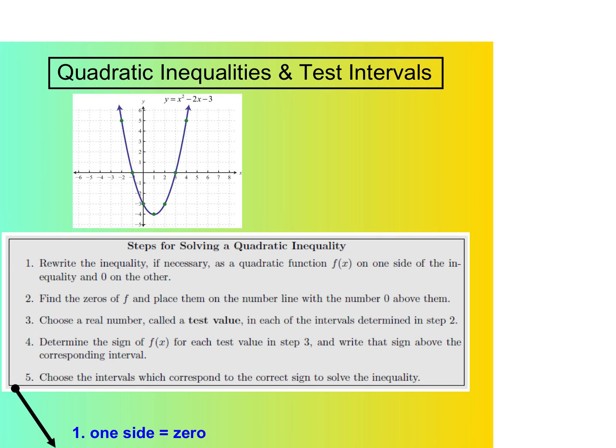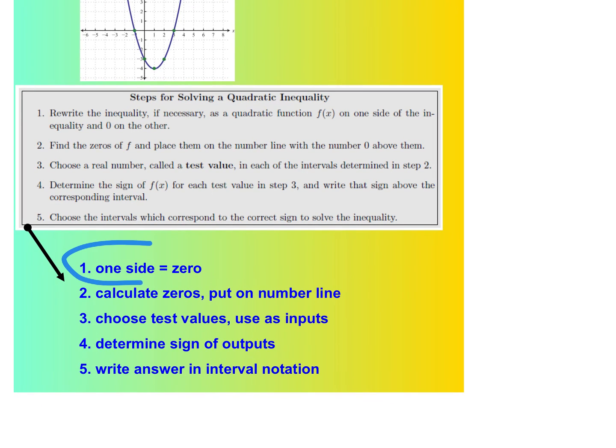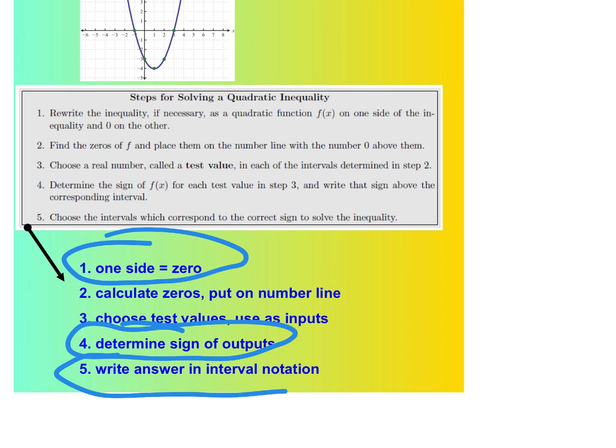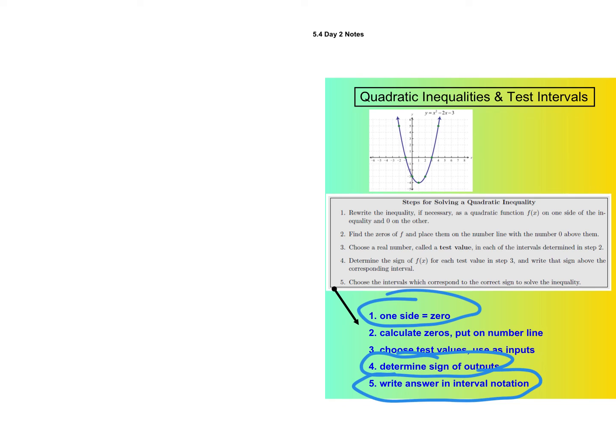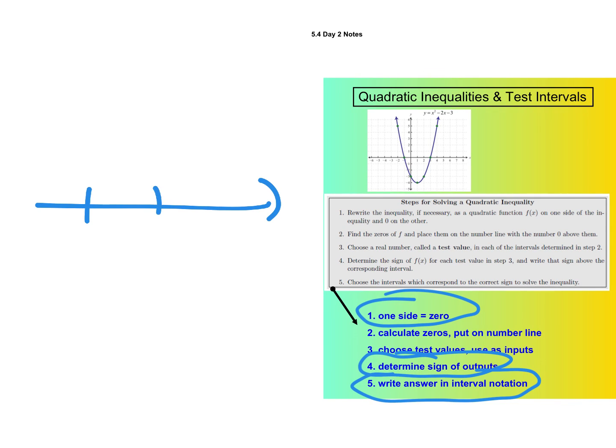All right. So this is just describing that process again. Notice their first step: set one side equal to 0, and figure out the signs of the outputs. It does say write the answer in interval notation. I'm fine with leaving your answer in graph notation. So like on that last problem where we had our two things circled and it was what was in between them, I'm fine with you leaving your answer on a number line.